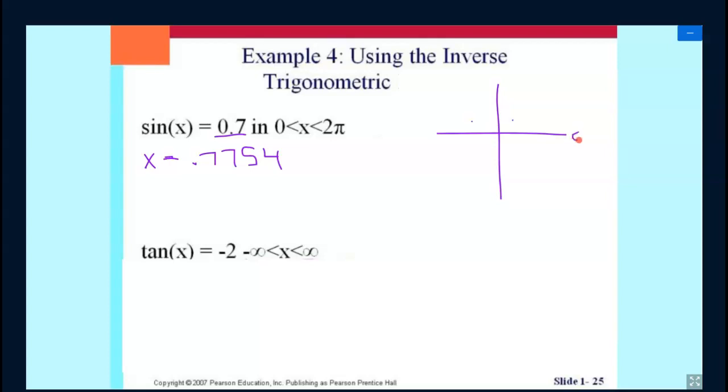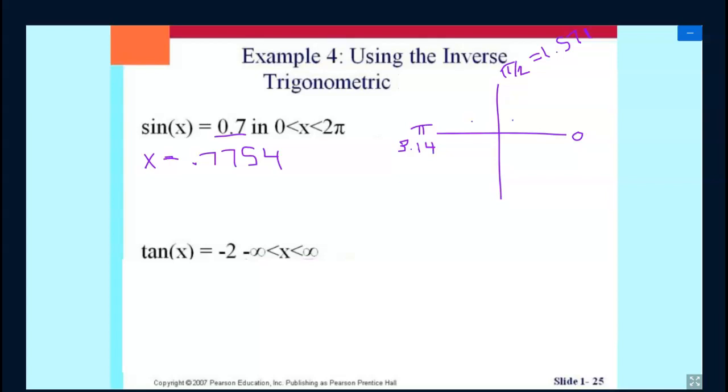So this is 0. What's the top represented by? Pi over 2. Pi over 2 as a decimal is 1.57. Pi as a decimal is what? Yeah, it wasn't meant to be like a trick.